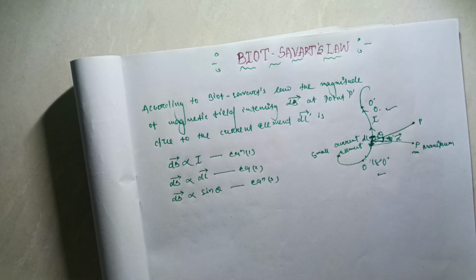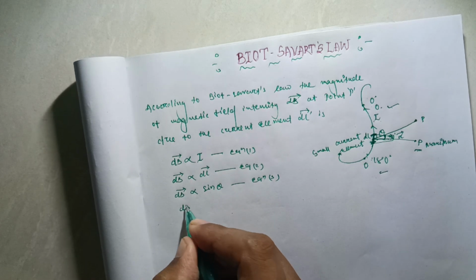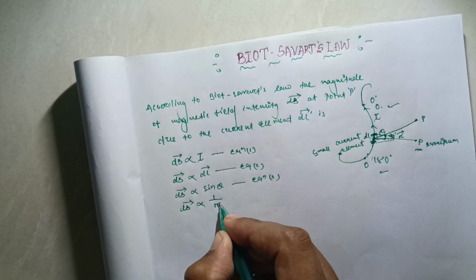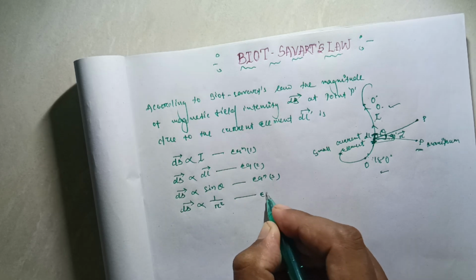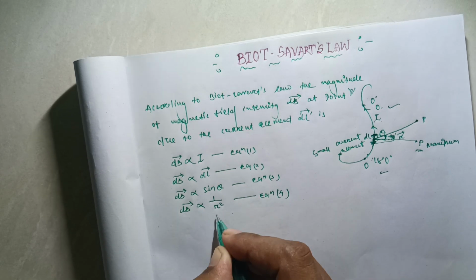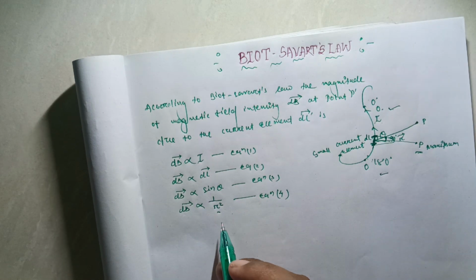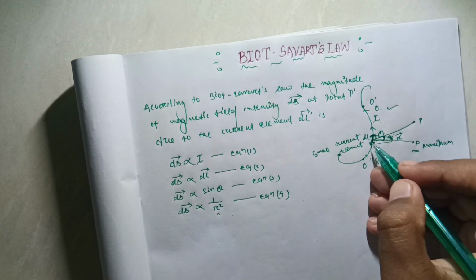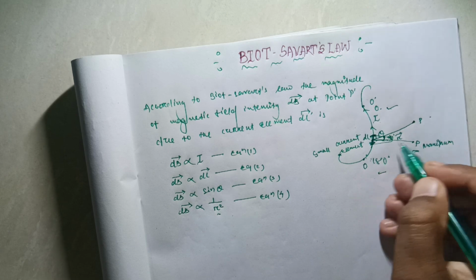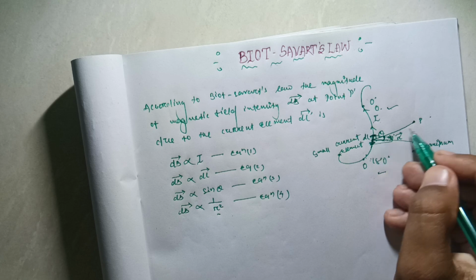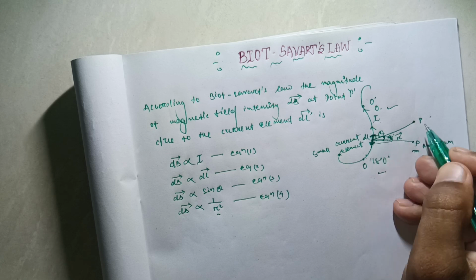All of you understand? And the last equation is dB is inversely proportional to 1 by r square, which is the 4th equation, and r is the distance, right? We know if distance increases, magnetic field decreases. If distance decreases, magnetic field increases, right?